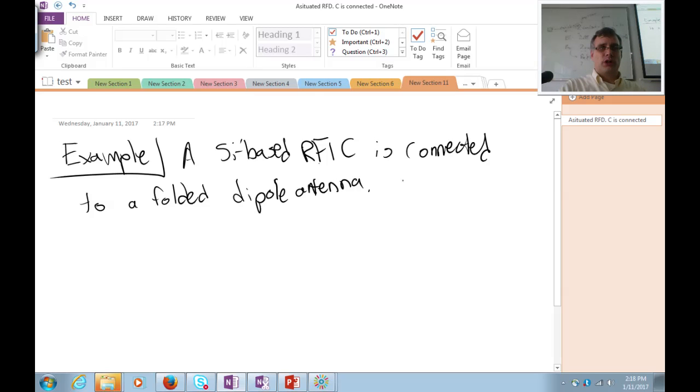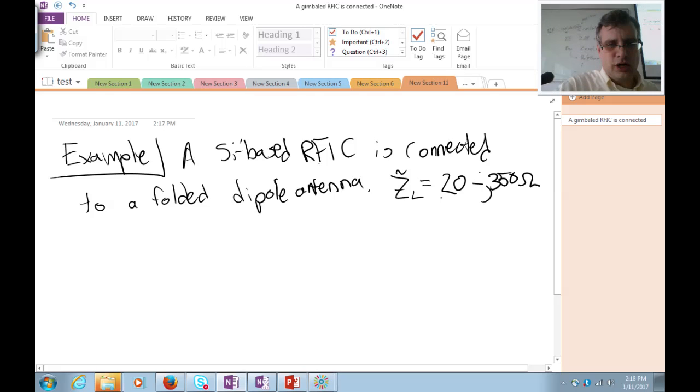This RFIC has an ideal 4-stage charge pump, but we're going to learn that that's a device used for harnessing RF power. And that presents itself as 20 minus j350 ohms. A real value of 20 ohms and then a highly capacitive value of negative j350.